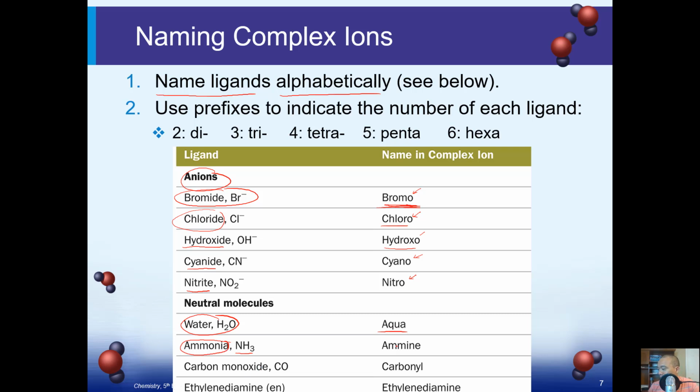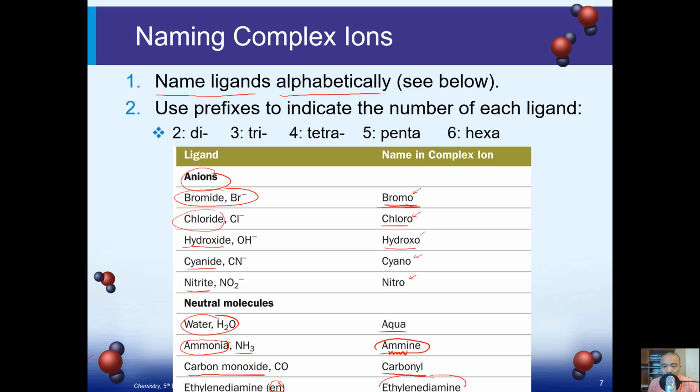But in the ligand name, in the complex ion, it becomes ammine. Remember, you do have a 2 M over here, right? Next, the carbon monoxide, it becomes carbonyl. And the ethylenediamine, we can simplify this as en. Okay, ethylenediamine, we'll talk about that in a little bit.